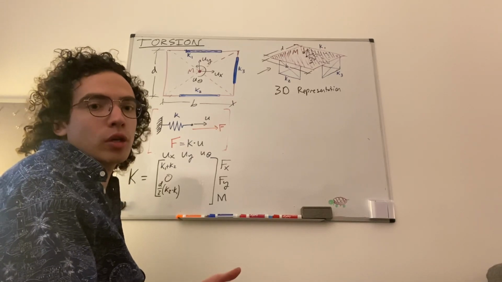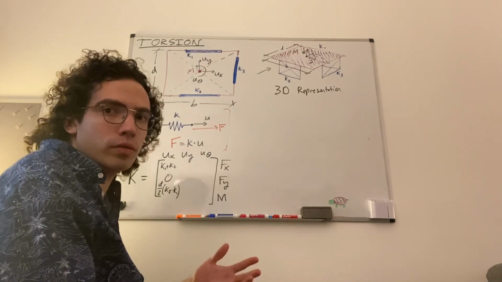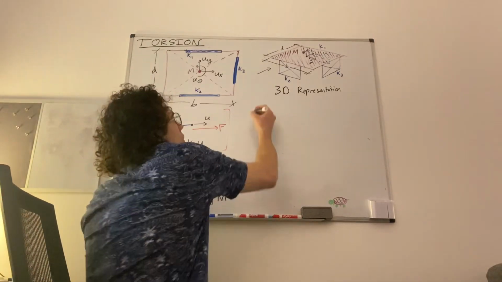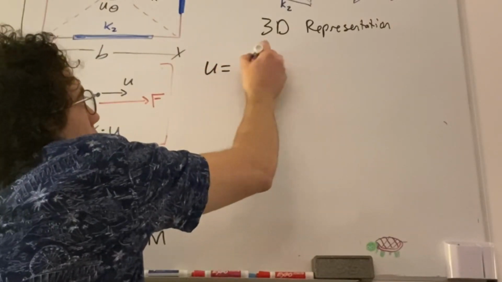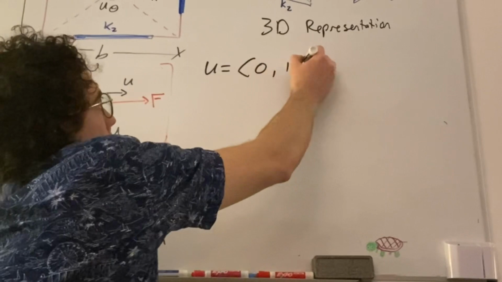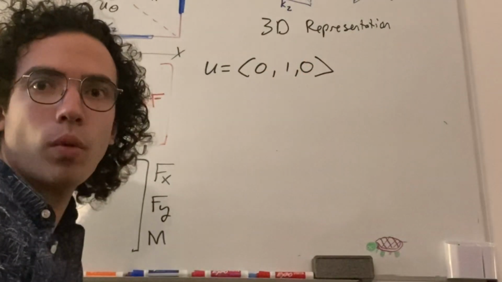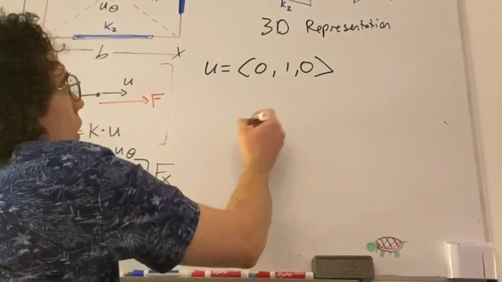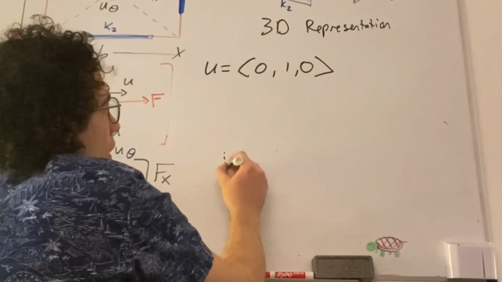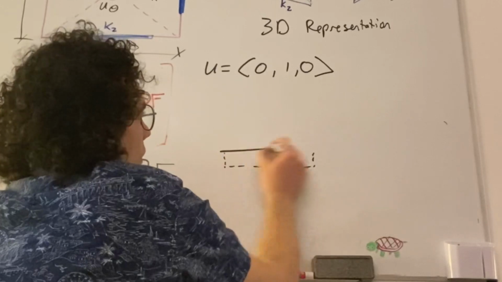It's going to be very similar to the situation in the x direction, but let's just take a look at that. So in this case, the displacement vector would look like this: 0, 1, 0. So 0 in the x, 1 in the y, and 0 in the rotation. What that would look like graphically would be something like this.